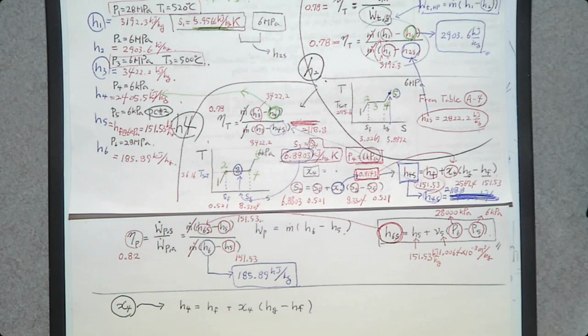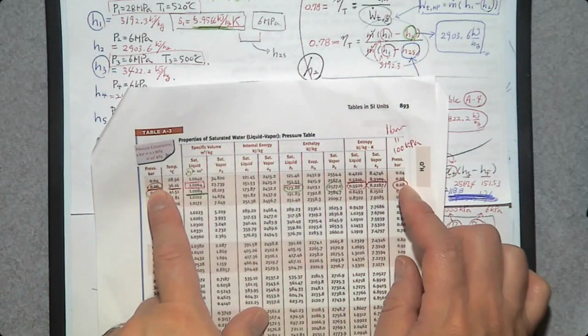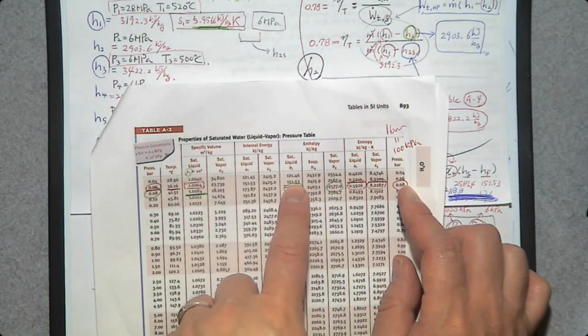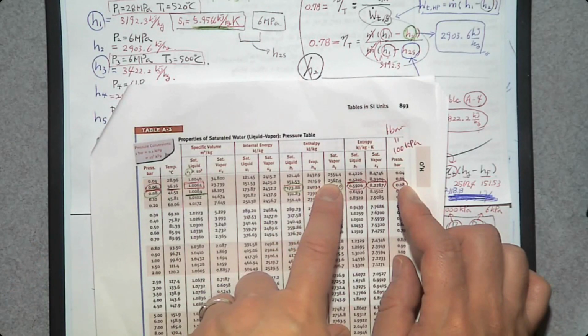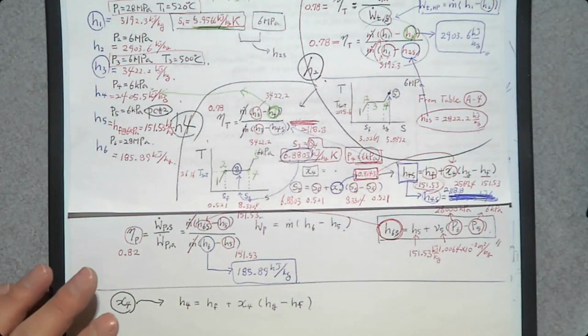So we are going to find HF and HG from 6 kilopascal. Here we have 6 kilopascal. HF is 151.53. HG is 2567.4. So let me write these two values in this equation.